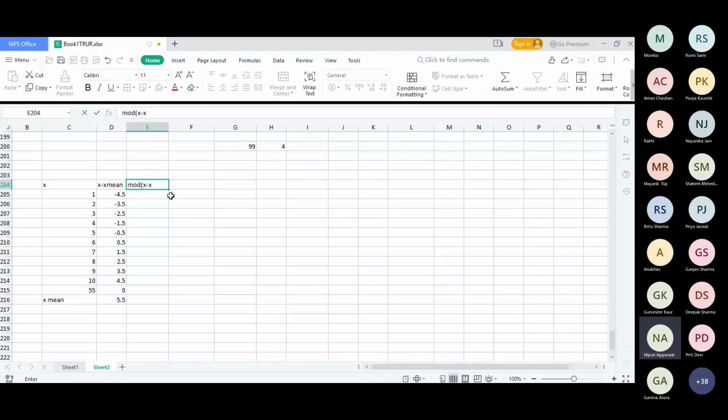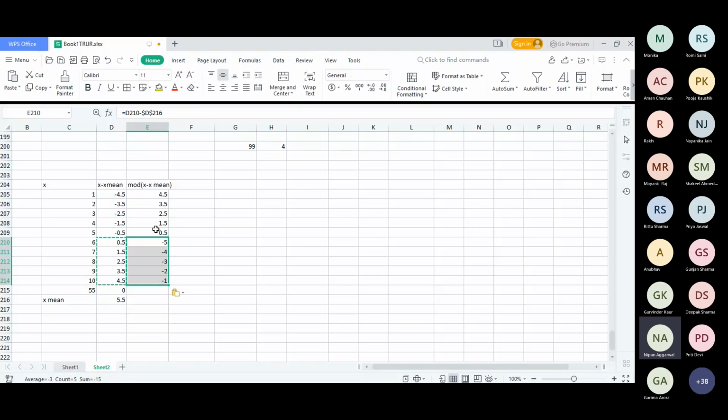That becomes minus 4.5, and we take the mod of the same, so it becomes 4.5, 3.5, 2.5, 1.5, 0.5, plus the same again.